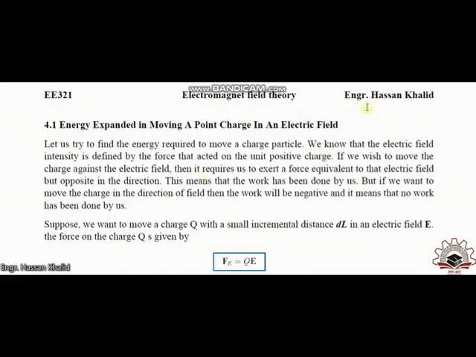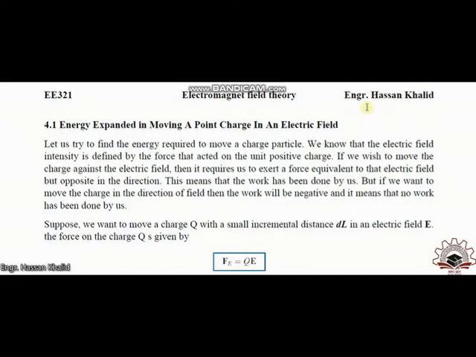Now in this chapter we will try to find the work done, or you can say the energy consumed, by moving a unit positive charge, whether in the direction of the electric field or against the force of the electric field.